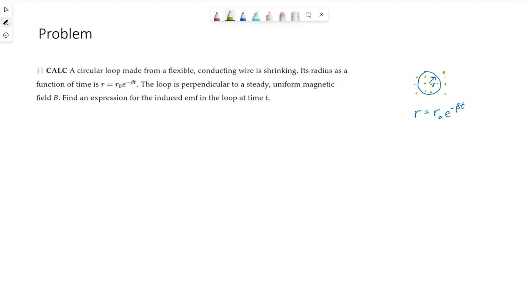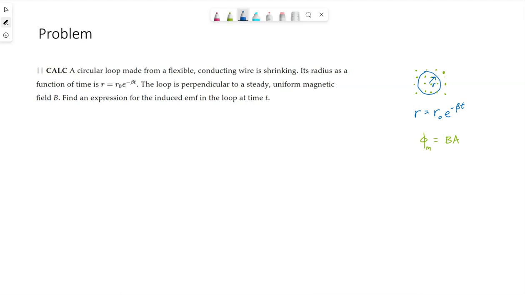Why that matters is because the flux will be simply B times A. If the magnetic field is uniform everywhere in the area, then we don't have to integrate to find the flux. So the field times this area.